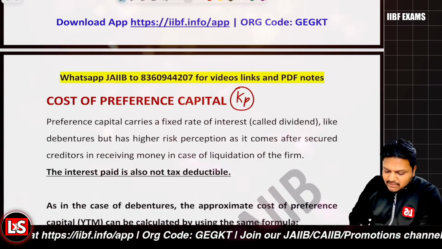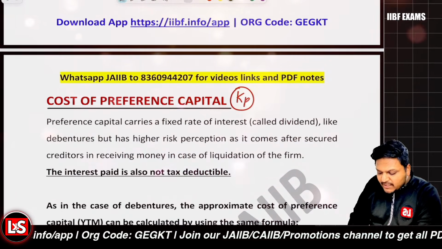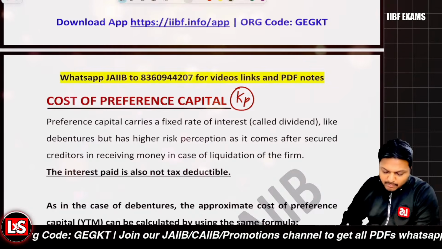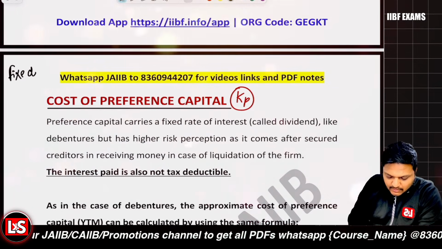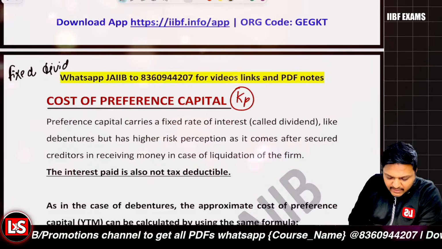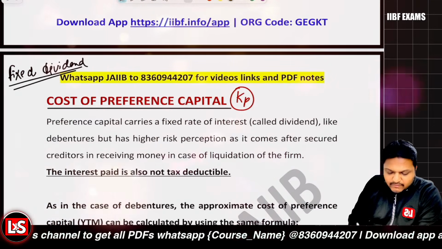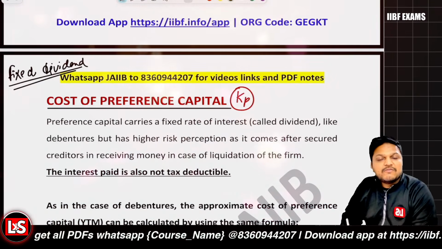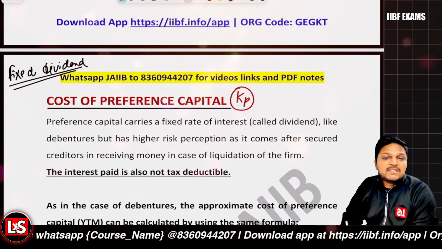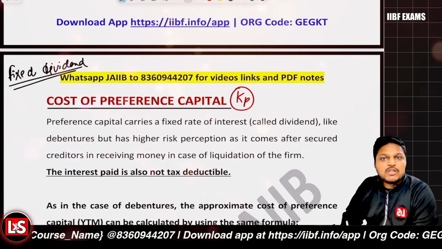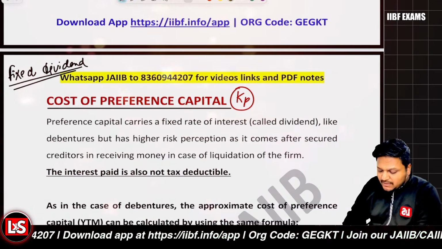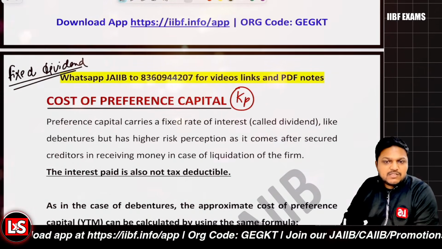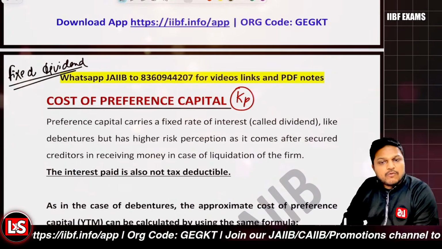They have invested funds and they require a minimum return to be paid, because to them a fixed dividend is paid. In general, when we're talking about preference capital, we say a fixed dividend is paid, and much more priority is given to them as compared to the equity shareholders. So they are paid dividend in priority, but they do not get voting rights.